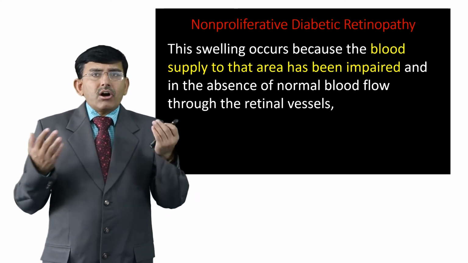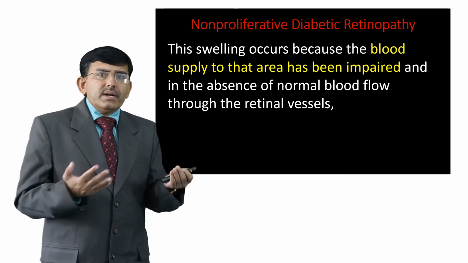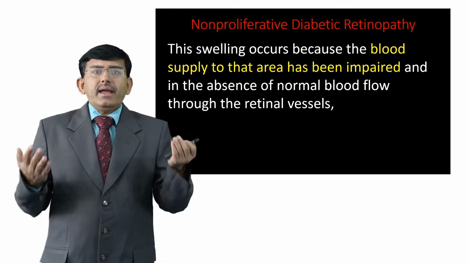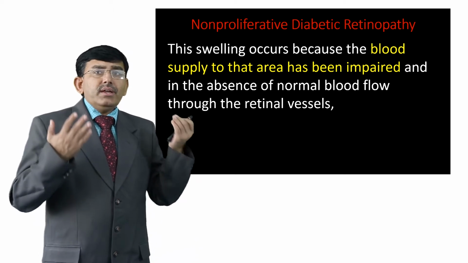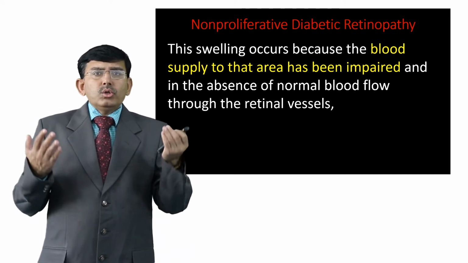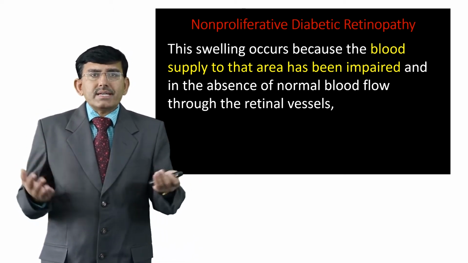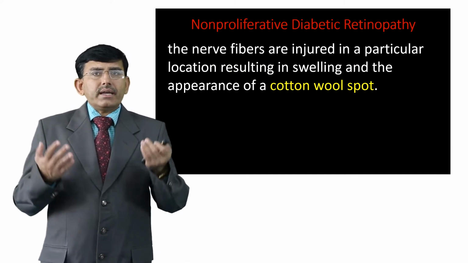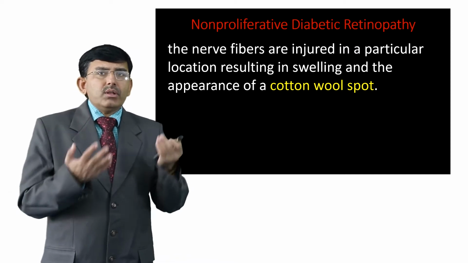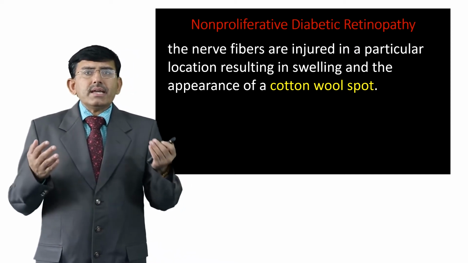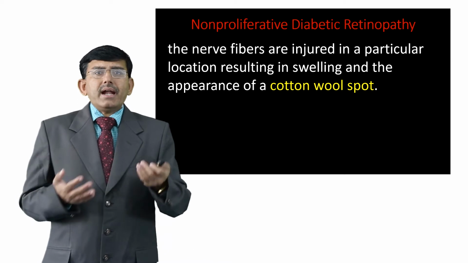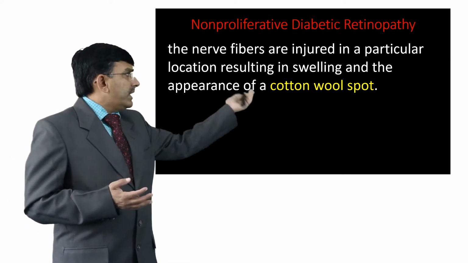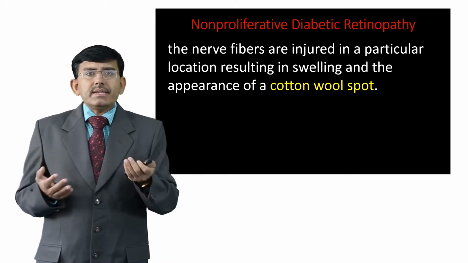This swelling occurs because the blood supply to that area has been impaired, and in the absence of normal blood flow through the retinal vessels, the nerve fibers are injured in a particular location, resulting in swelling and the appearance of cotton wool spot lesions on the retina.